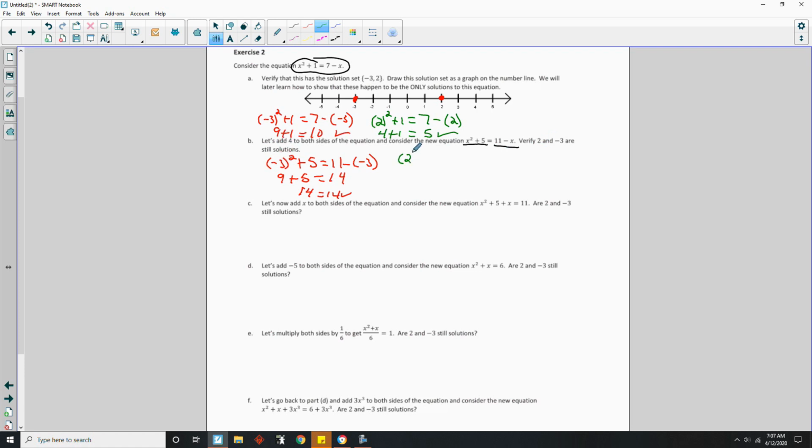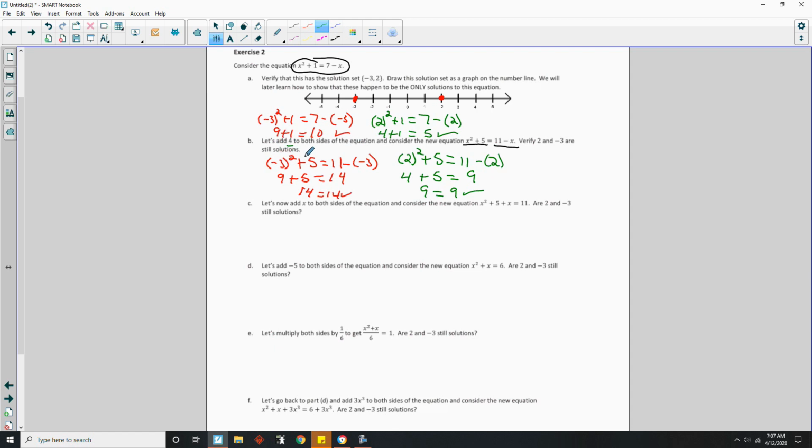So I'm just going to take 2 squared plus 5 equals 11 minus 2. 2 squared is 4 plus 5 equals 11 minus 2, which is 9. Well, 4 plus 5 is 9. So this is also true still.